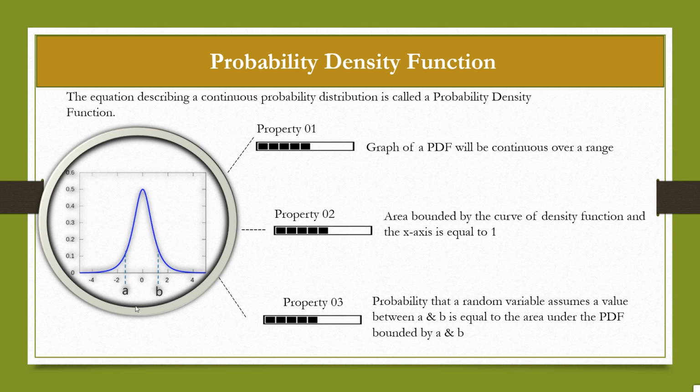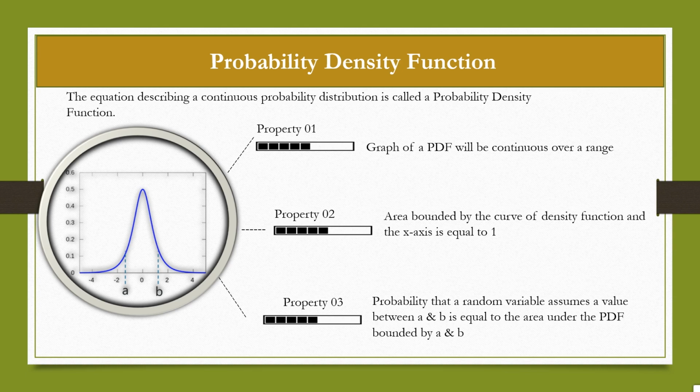Now this graph denotes the PDF of a continuous variable. This graph is also known as the bell curve, famously called that because of its shape, and there are three important properties that you have to know about a probability density function.